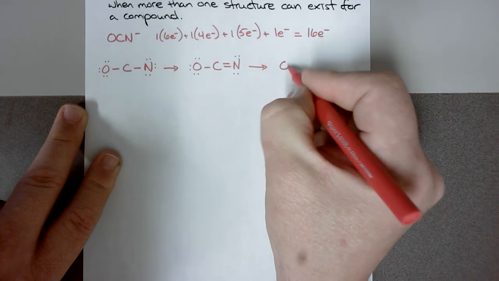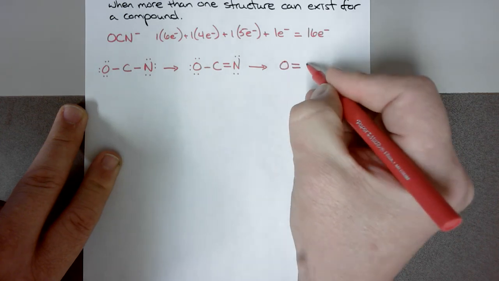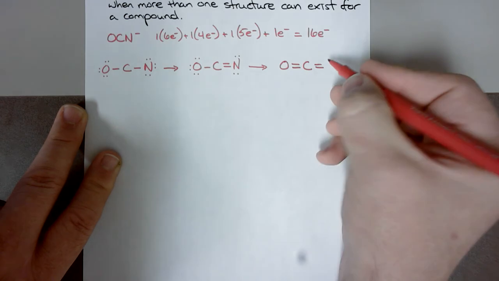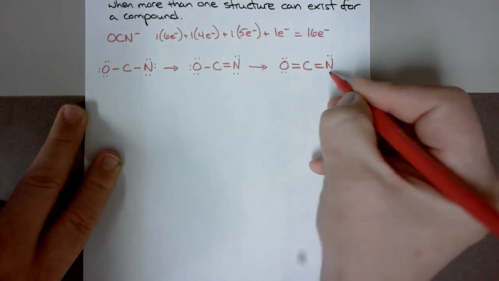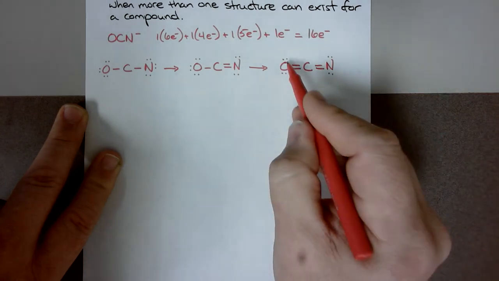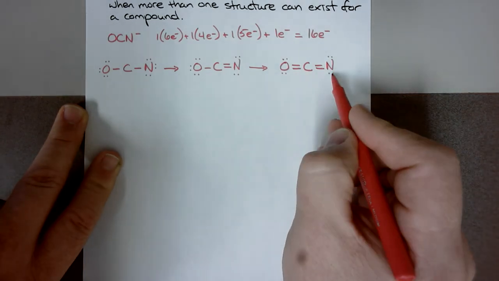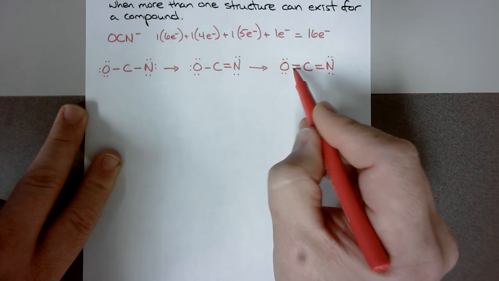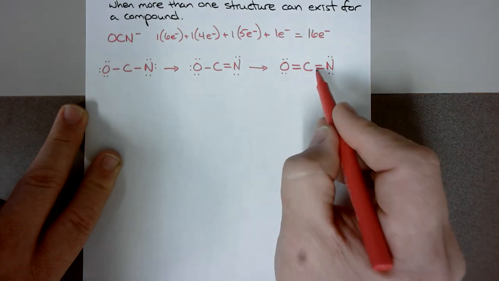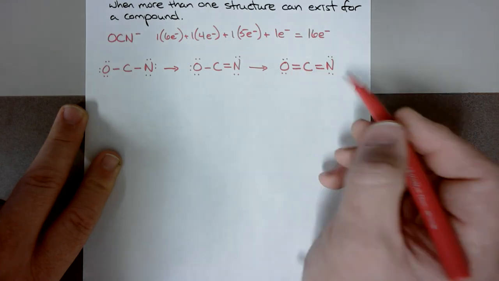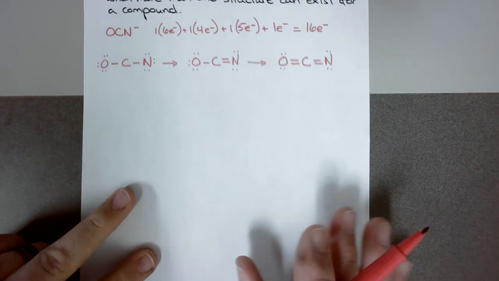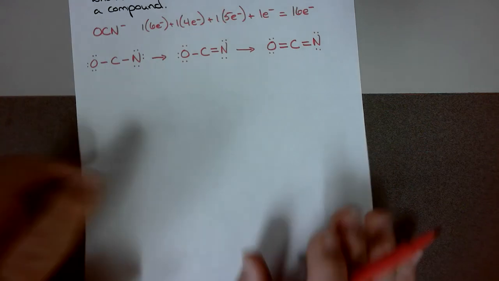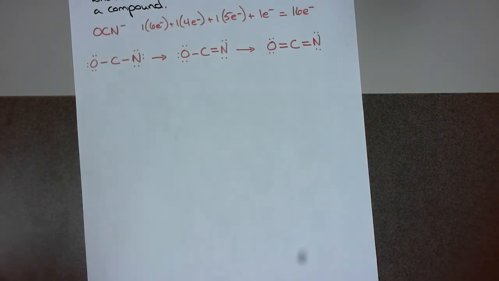So we'll end up with O, double bond, C, double bond, N, 1, 2, 3, 4, 1, 2, 3, 4. Now let's look. 2, 4, 6, 8, 10, 12, 14, 16. Then 2, 4, 6, 8 for the oxygen, 2, 4, 6, 8 for the carbon, and 2, 4, 6, 8 for the nitrogen. Now this is what you'd think it would be, but there are some other possible structures, and so let's look at this.